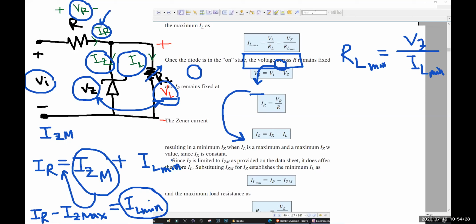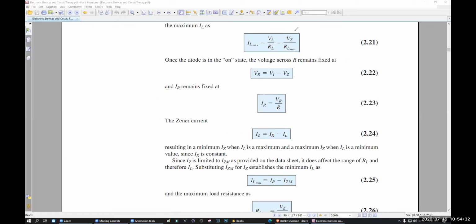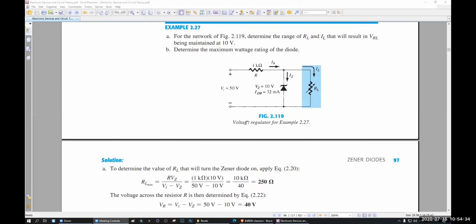Okay. So let's do a math. This will be clear to you if we do the math. This is the math. For the network in the figure, find the range of RL and IL that will result in VRL maintained at 10 volt. That means here you will get 10 volt.